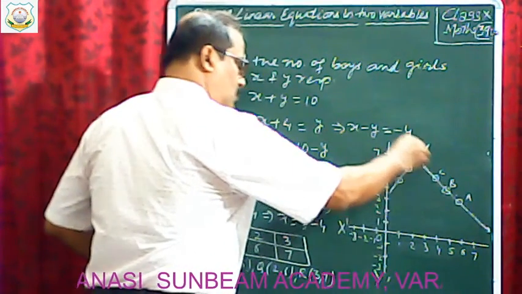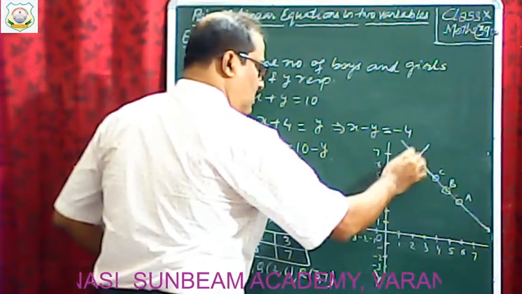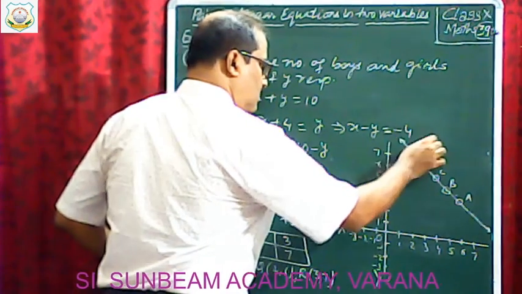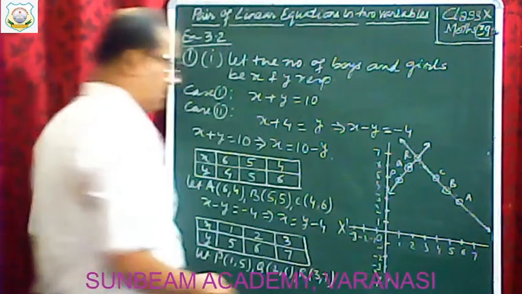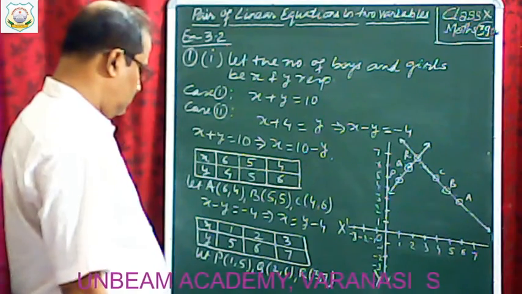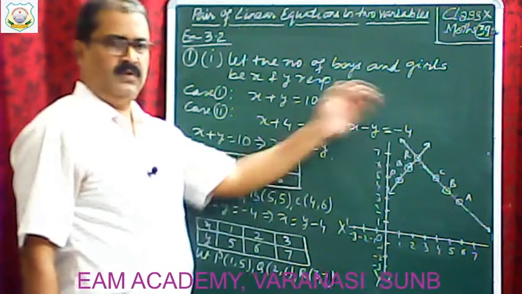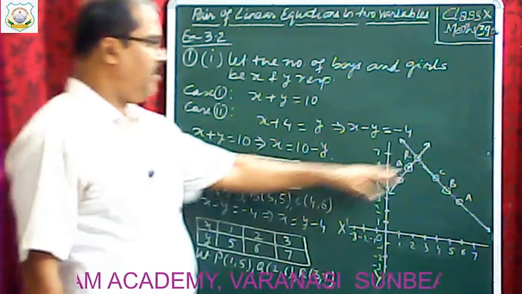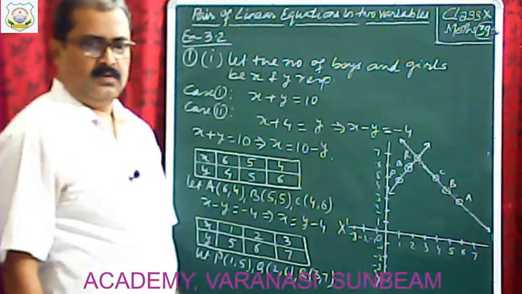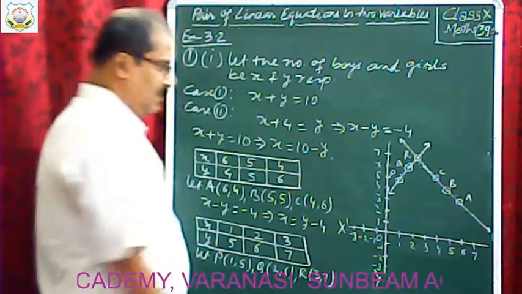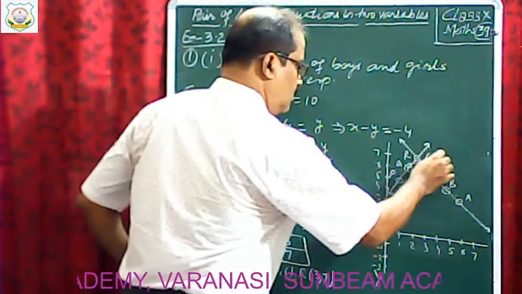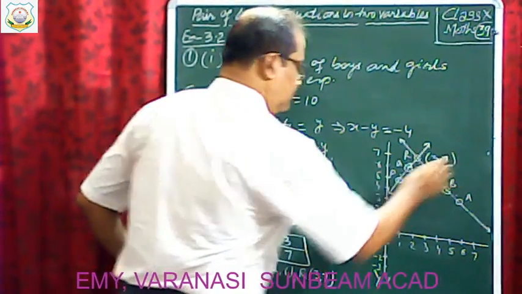Okay, you produce the graph, it intersects at R. So both the lines of the equations intersect each other at point R. So R is the common coordinate, that is 3, 7.